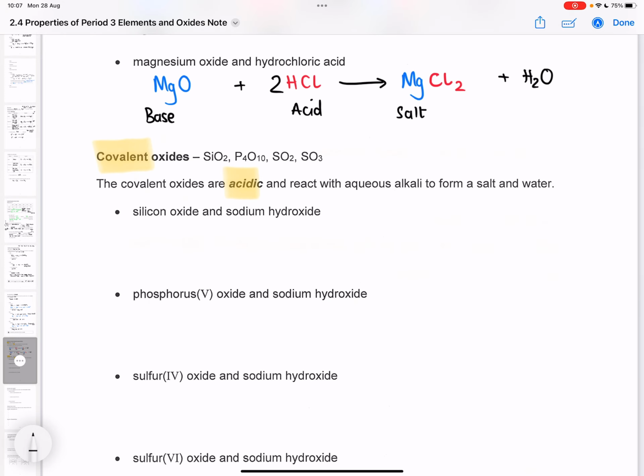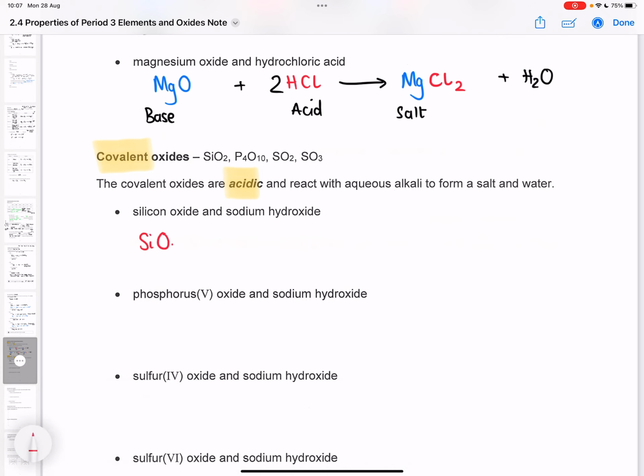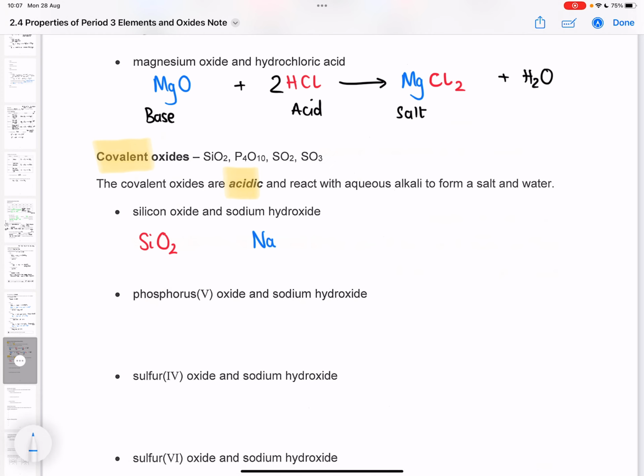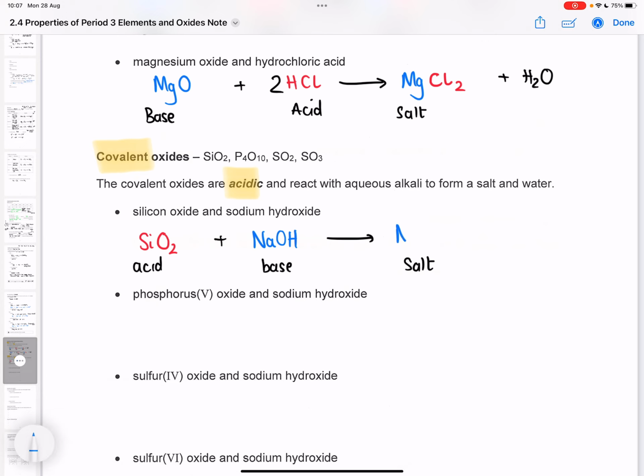So this time our silicon oxide is our acid, so SiO2 is our acid, and sodium hydroxide is our base. So they are going to form salts. So this is now our acid and this is our base, and we are going to form a salt. And the salt always contains the metal from the base, so sodium, and then it's going to contain the anion from the acid.